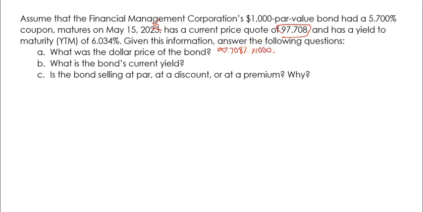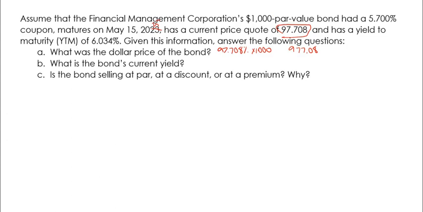So we move that decimal, and we have $977.08. So it helps you to analyze bonds without getting bogged down by that par value, because you just multiply it by the par value to get the dollar amount. So anything below 100% is trading at a discount. Anything above 100 is trading at a premium.